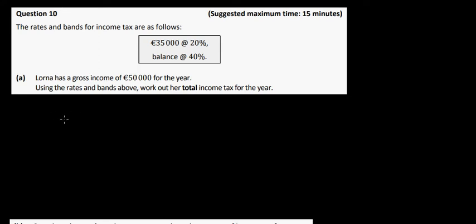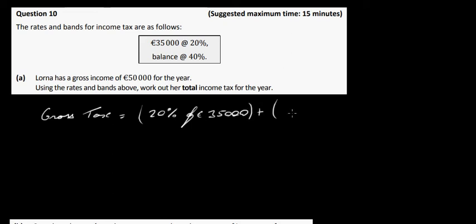So her total income tax, so this is her gross tax. We don't have any other bits of information here yet, so we just have to work out her gross tax. So her gross tax is going to be 20% of 35,000 euros, and then we've got to add 40% of whatever's left over.